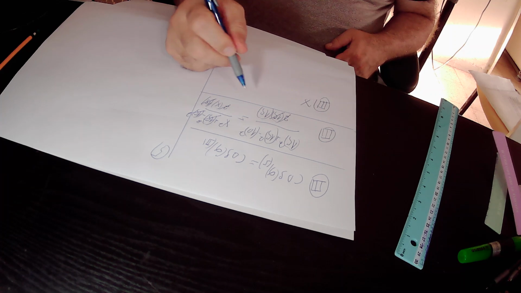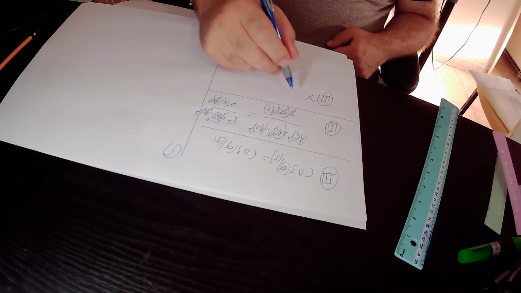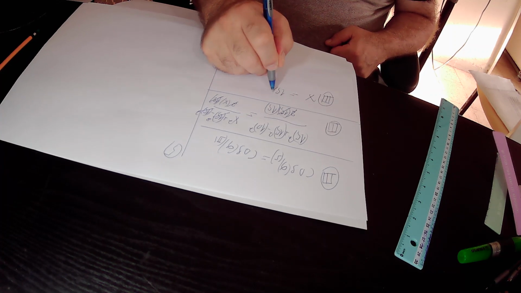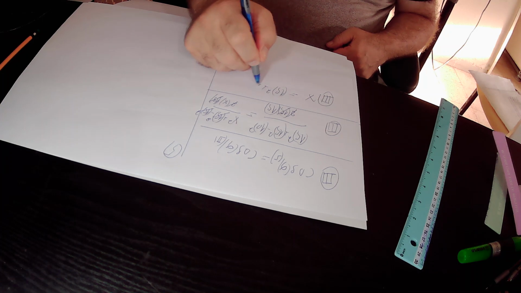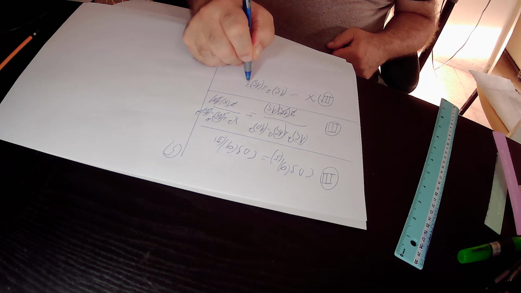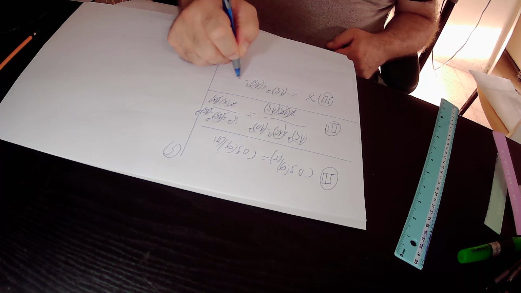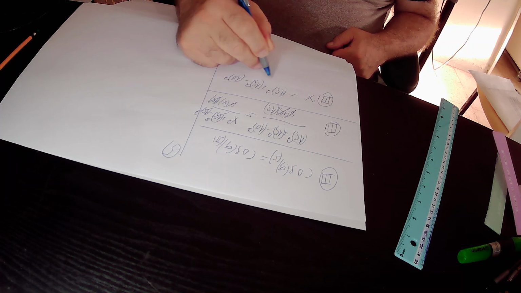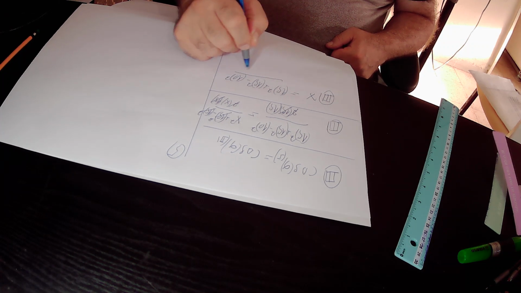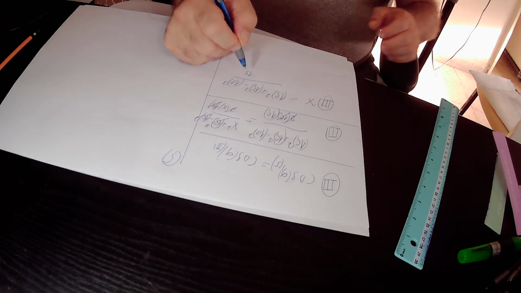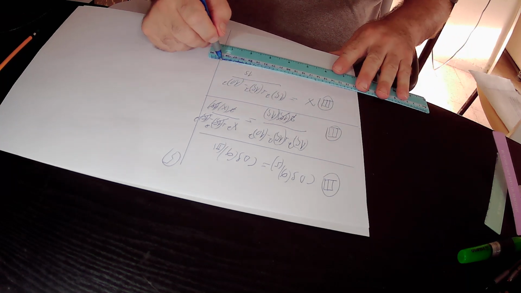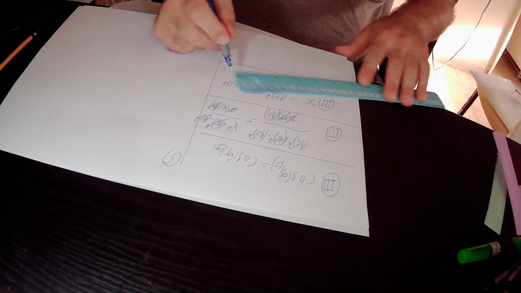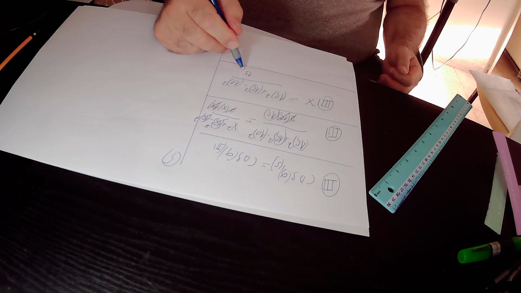On the other side of equation 3, we have 15 squared plus 15 squared minus 10 squared divided by 15. So in total we found out that x equals 15 squared plus 15 squared minus 10 squared over 15.